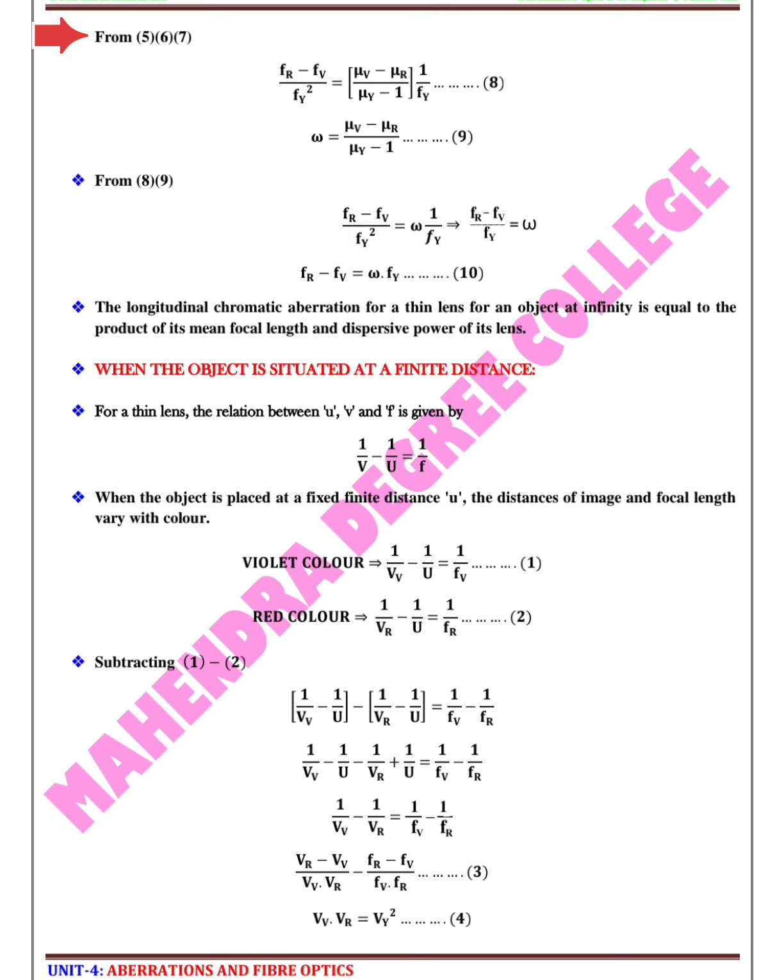It means in the fifth equation, the left hand side FV FR term is replaced with Fy square, and on the right hand side the (mu y minus 1) into (1 by R1 minus 1 by R2) term is replaced with 1 by Fy.